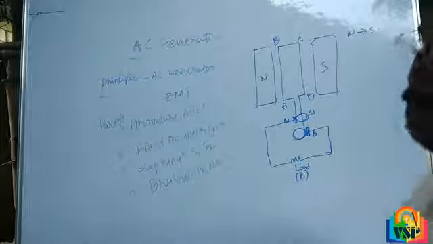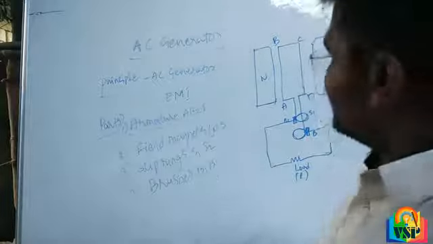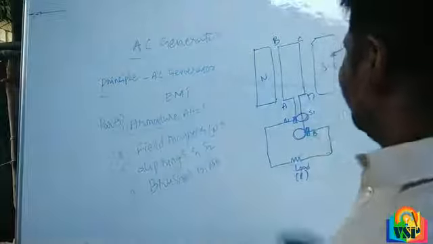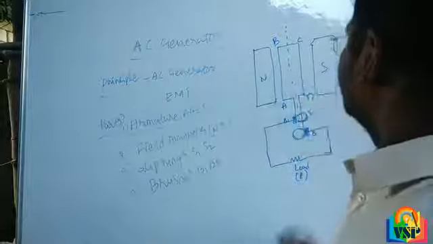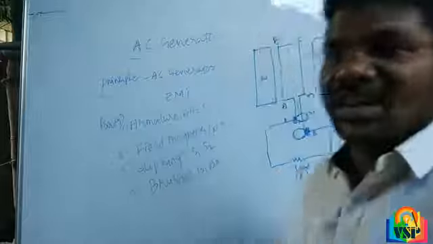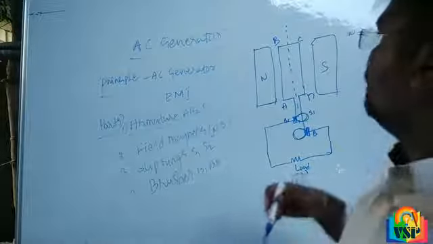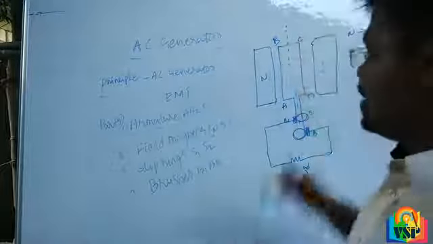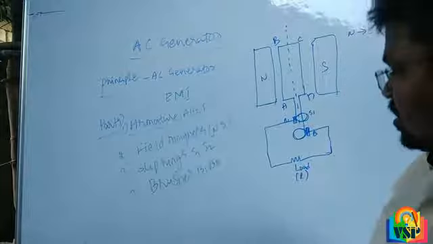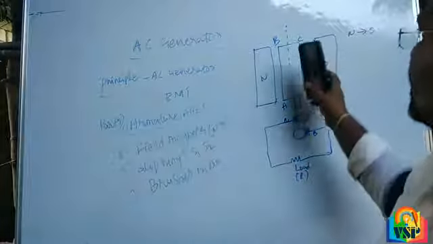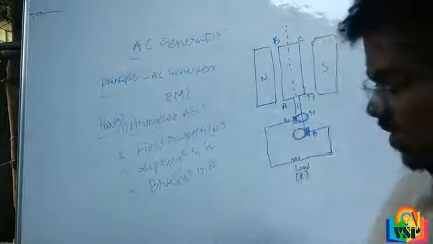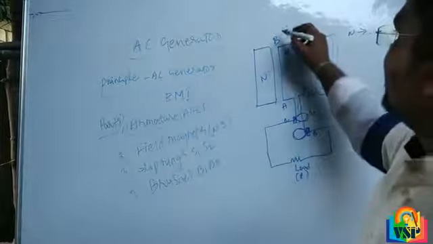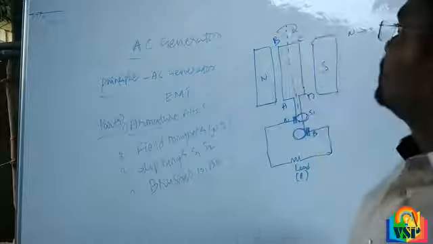By the application of rotation, this ABCD coil rotates with respect to the shaft. The shaft is an iron rod which is connected with the armature. If the coil rotates clockwise or anti-clockwise, understand?